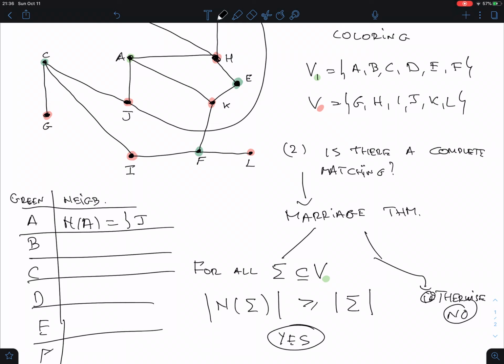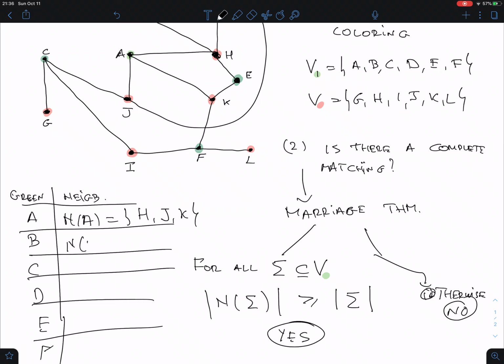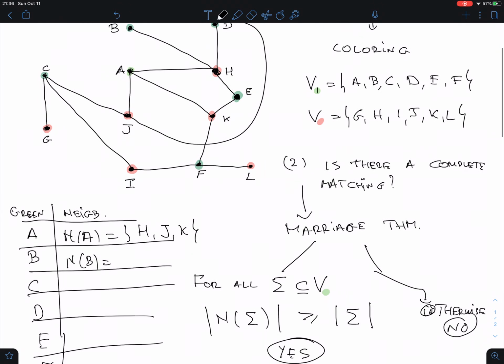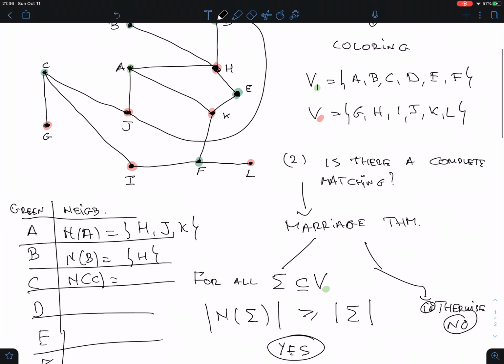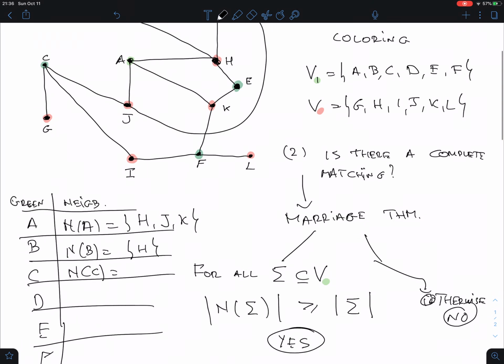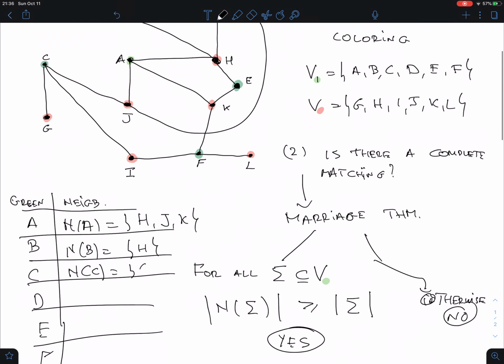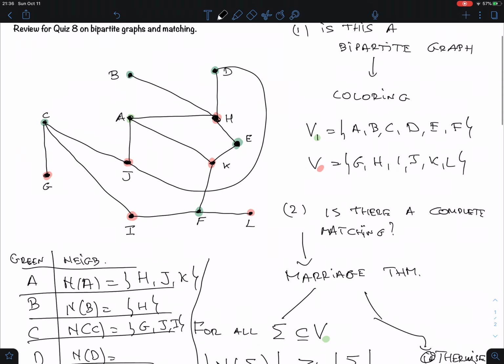let's do it alphabetically. That's going to help us understand what goes on a little bit. H, J, K. The neighbors of B, I'm just reading off from my graph here, that's only one neighbor, H. The neighbors of C: G, J, and I. The neighbors of D. D does not have that many neighbors, right?